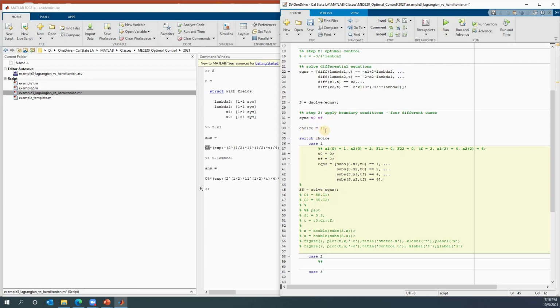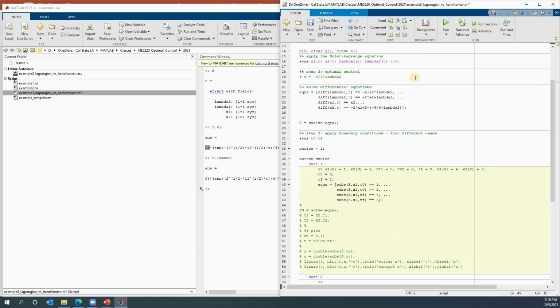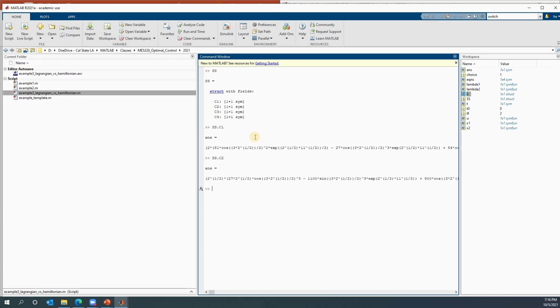So I already chose choice 1, so it will only run this part of the code, and all the other parts of the code will not run. So we find sol.c1 is that, and sol.c2 is equal to that. It's an expression.